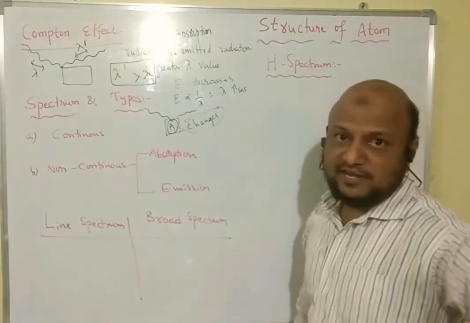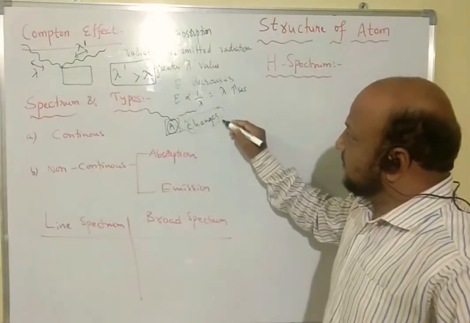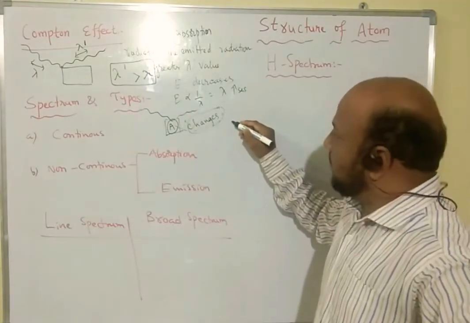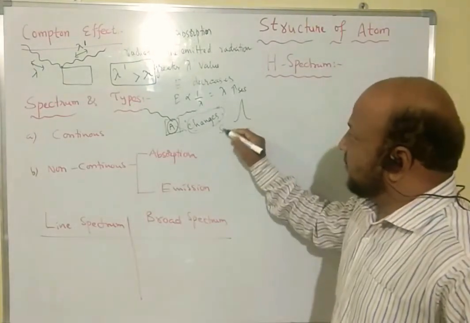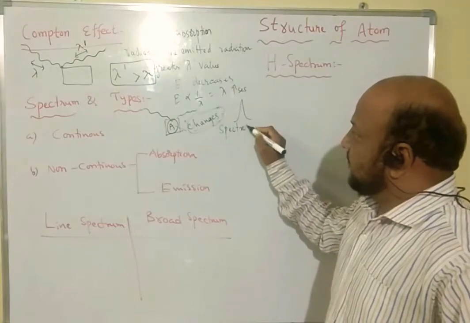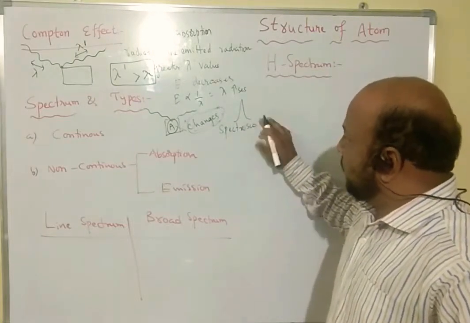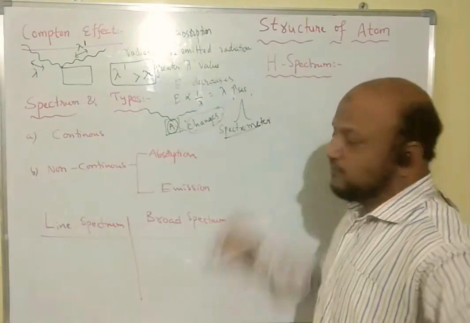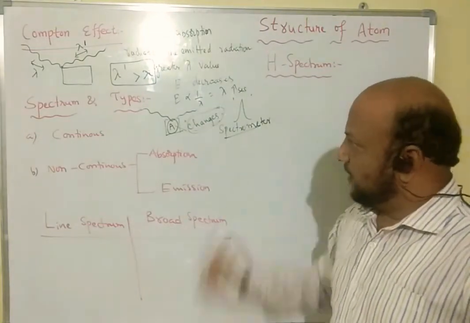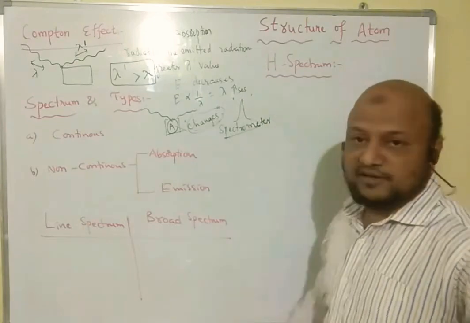So after the absorption, some changes must take place. If you observe these changes using a spectrometer, we see that some lines are observed. Those lines are called a spectrum.